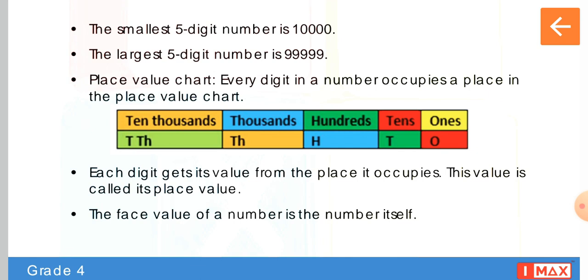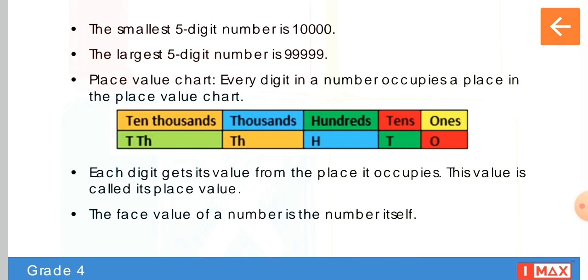Now the next topic we learned is face value. What is face value? Yes, face value is the number itself. In 13,000, the face value of 3 is 3 itself, and the face value of 1 is 1 itself.